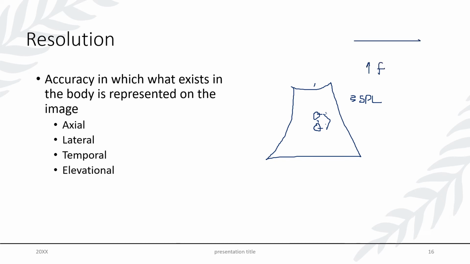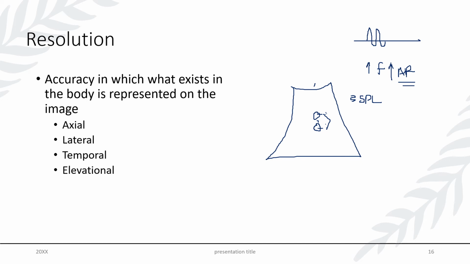If my spatial pulse length is the space a pulse takes up in space, then by increasing my frequency, making these shorter wavelengths, the spatial pulse length would be reduced, which would also improve my axial resolution. So to control axial resolution, increase frequency.